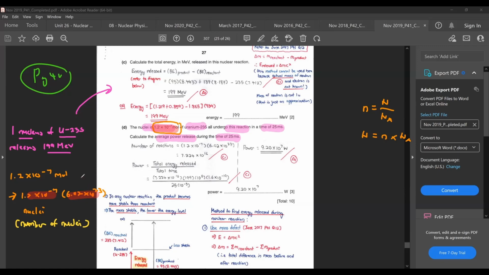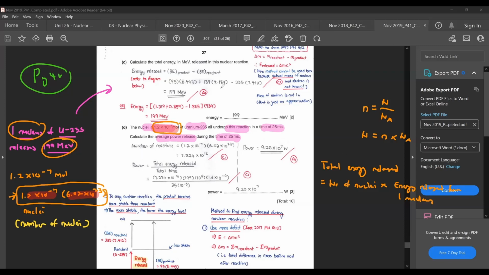If you want to find total energy release, from there, total energy release will be your number of nuclei multiplied with energy release for one nucleus. So we know one nucleus releases this amount of energy, and we have this amount of nuclei now. You basically take this, multiply with this. Because now we want to find power.